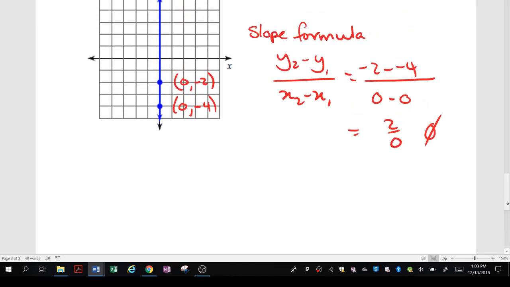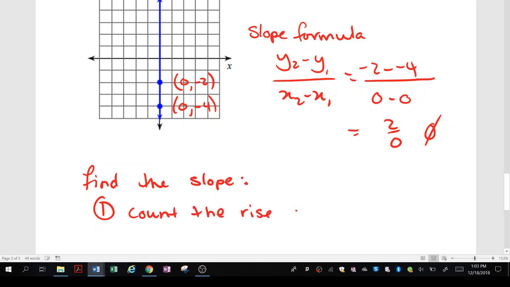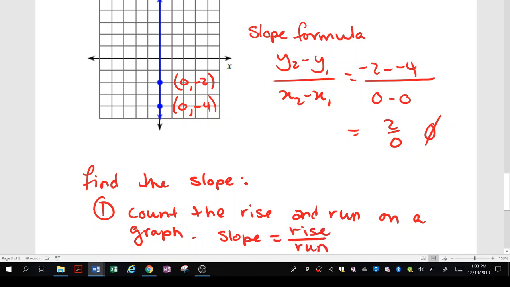So just to recap, when you're looking to find the slope of a line, you can do that in two ways. To find the slope, you can count the units on the grid. So count the rise and run on a graph, and then write the slope as rise divided by run.